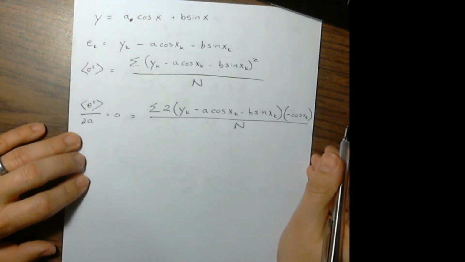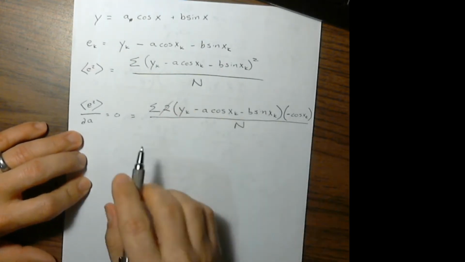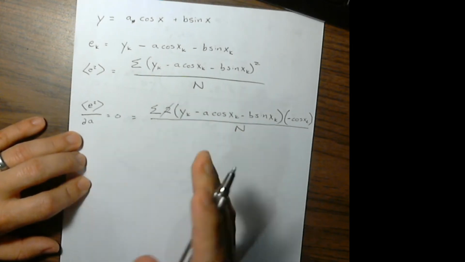We can just distribute that cosine. Oh, and I can blow away the 2 because you can always divide 0 by 2.